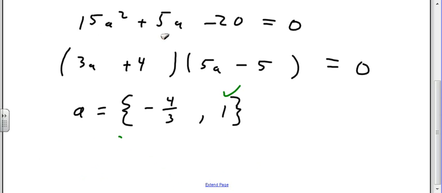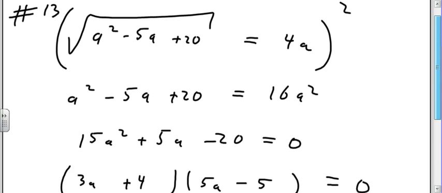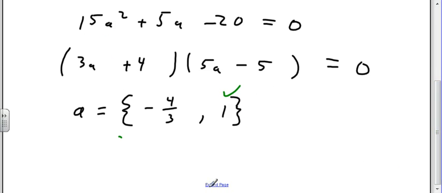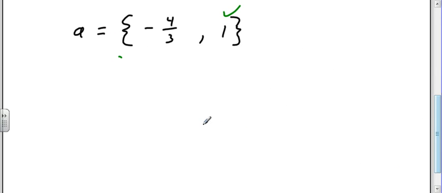Alright, so the original equation, we better go back and check 1 again in the original equation. So I put 1 back in the original equation. 1 and 1 makes it 16. The square root of 16 is 4, which is equal to 4. So the original equation does say that the 1 guy still works, because I checked him in the wrong spot.